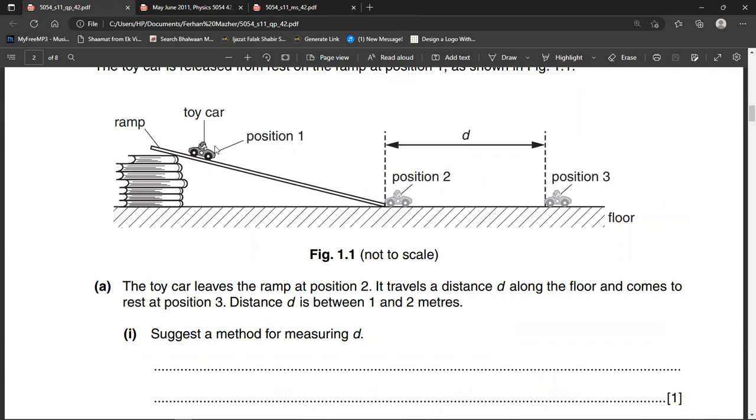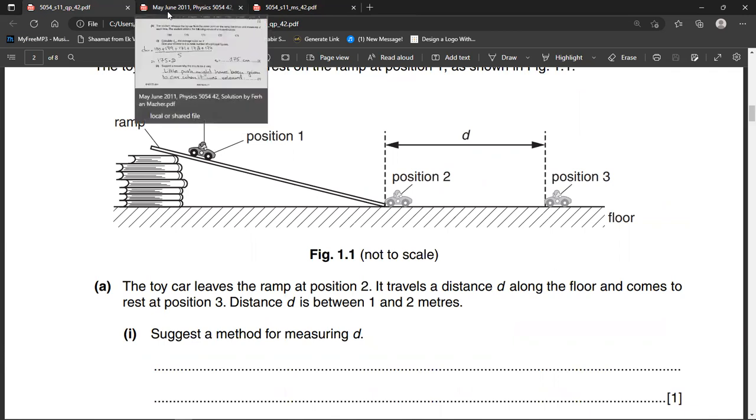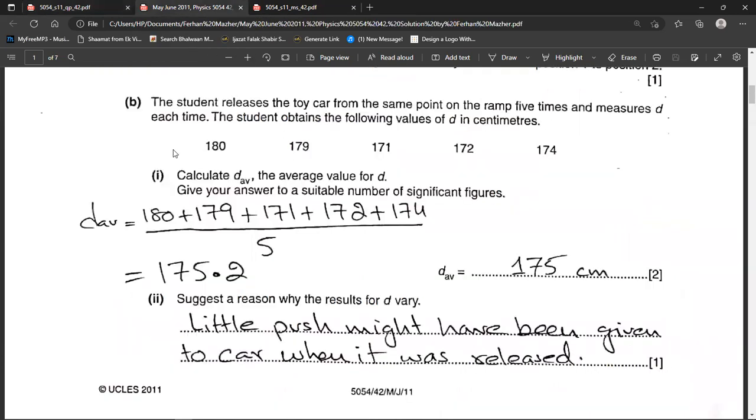Sometimes I think when he released the car, he gave it a little jerk or little push. When you give the car a little push, obviously the car will cover a longer distance on the floor. A little push might have been given to the car when it was released.